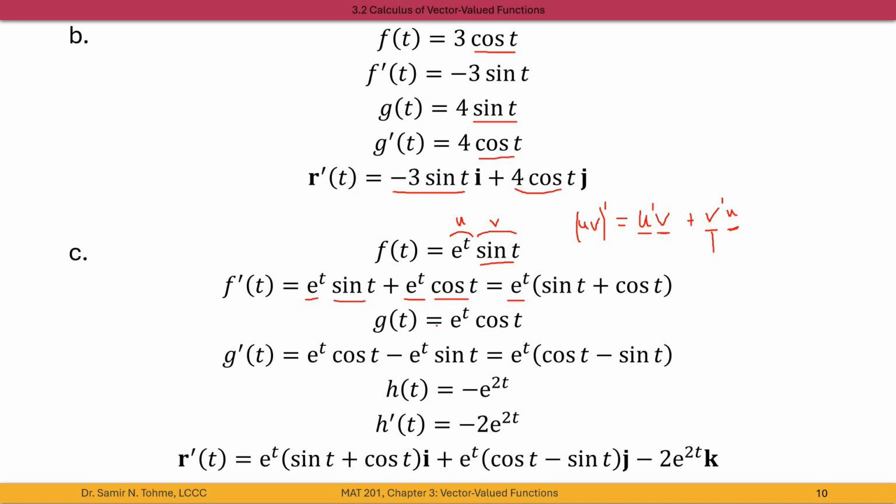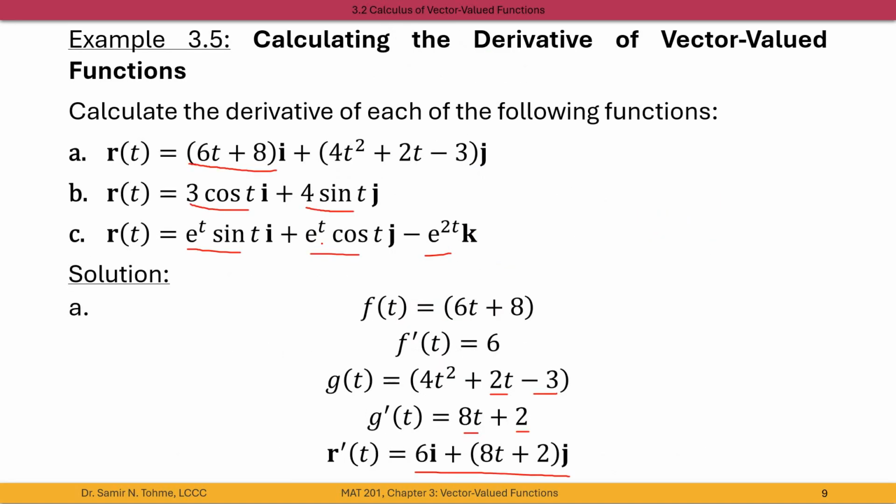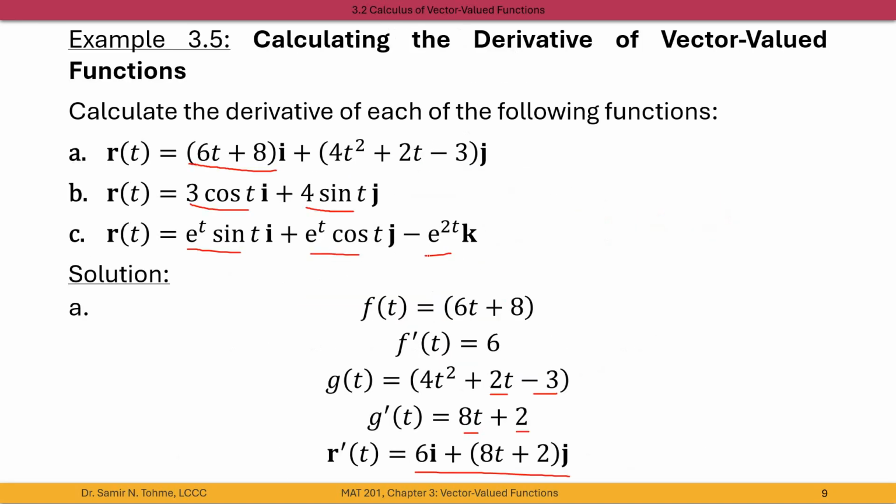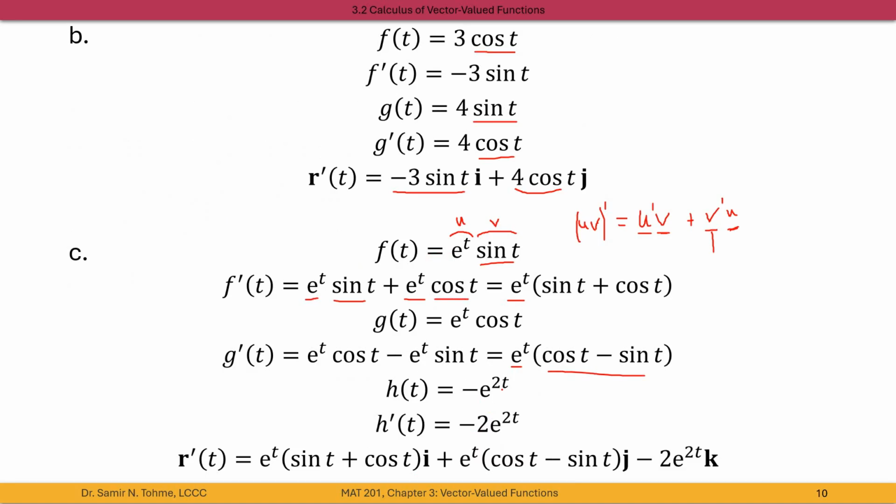Similar thing we will do for the y component, which is e to the power of t times cosine t. Apply this formula, and you will get e to the power of t times cosine t minus sine t. And for the z component, this one is minus e to the power of 2t.